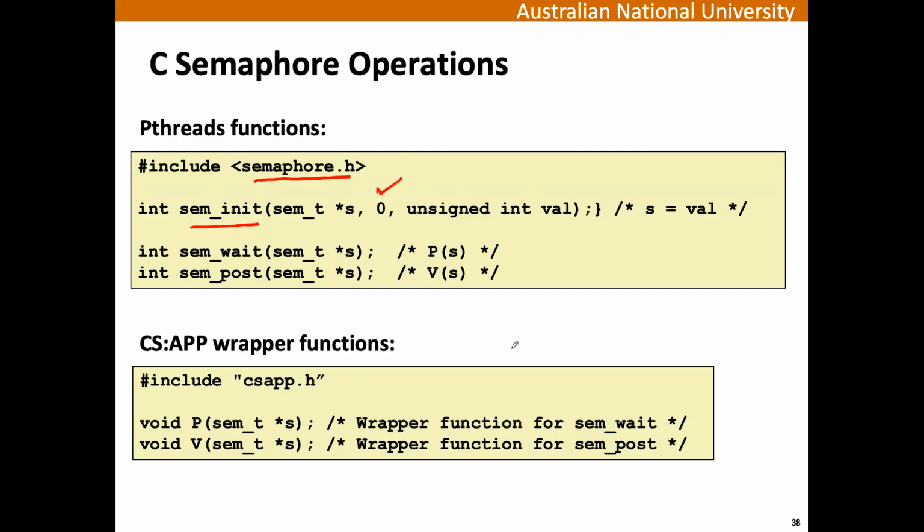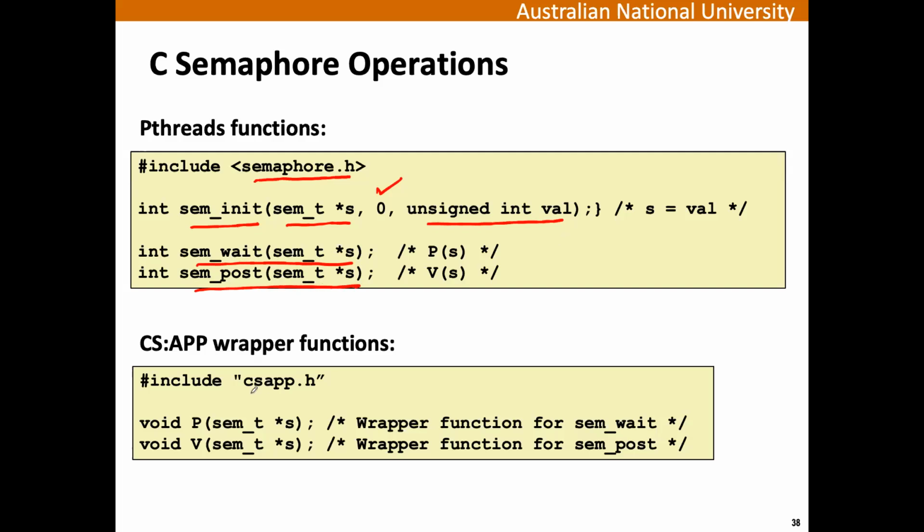We don't want to get into that until later. The other arguments are the address of the semaphore and the initial value of the semaphore. And then the wait operation is the P operation, and the post operation is the V operation.